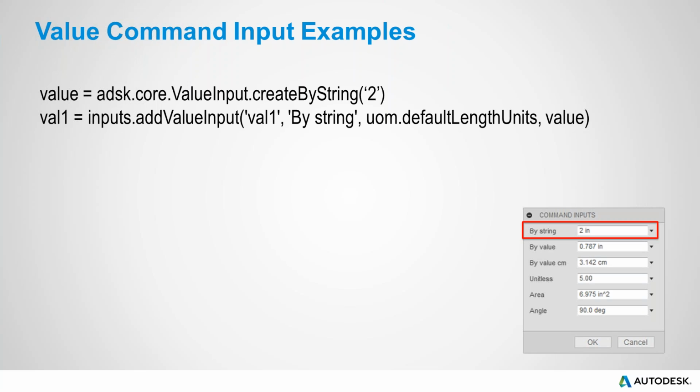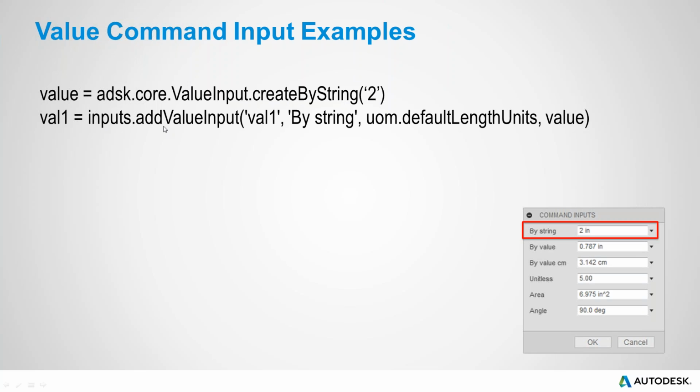And so for that argument, we take in one of these value input objects. In this case, I'm creating a value input using this create by string. So I'm creating a value input object that contains a string, and that string is just the number 2.